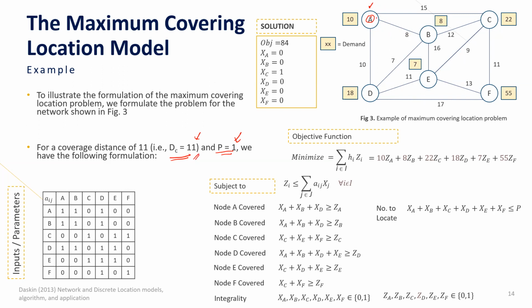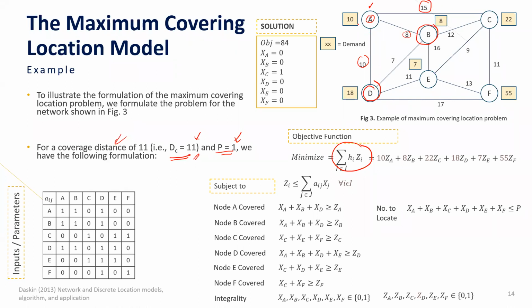So for example, A to B is 8. If you open A, it means you already covered B. A to D is 10, less than 11, so you already covered D. That is the use of this coverage distance parameter. So the objective value if you open A is that it will cover A, B, and D, but not C because it's more than 10.